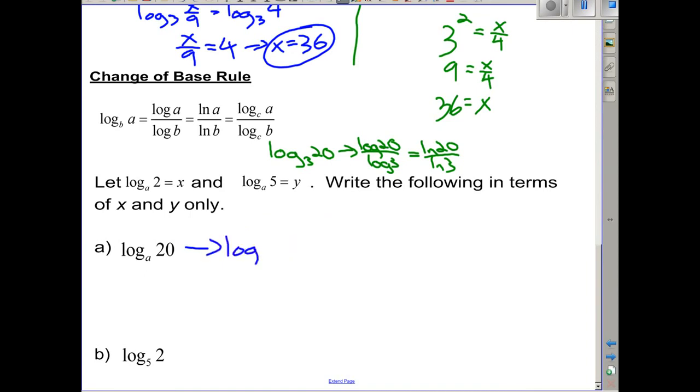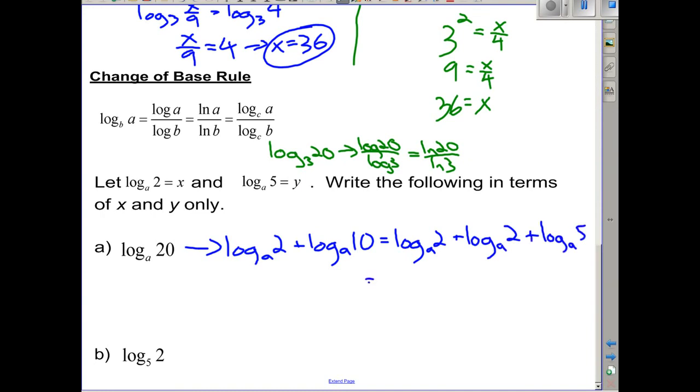So log base a of 2 plus log base a of 10. I could split some more, though. Log base a of 2, and then 10 is the same as 2 times 5. Ooh. So this means log base a of 2 is an x, plus another x, plus a y.